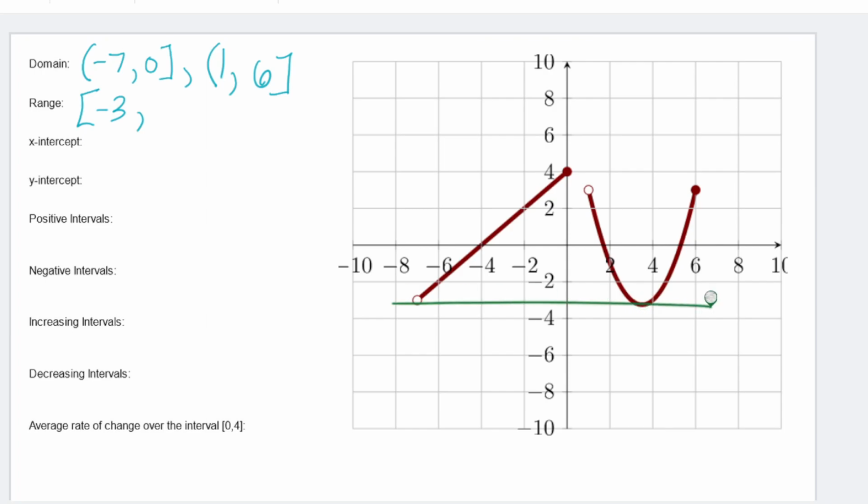All right, so then I'm going up, up, up, looking for my highest number. And my highest number on my graph here is at 4. Notice the filled in dot. Because that endpoint is filled in, that 4 will be inclusive. Now, we have addressed the very lowest part of the graph and the very highest part of the graph, and there aren't any gaps that are missing, right?